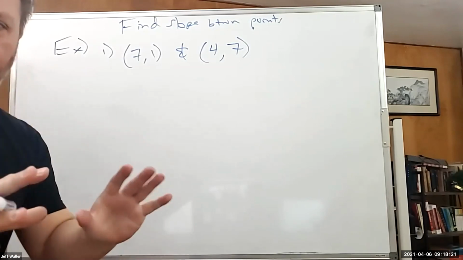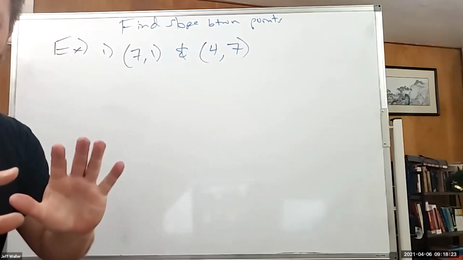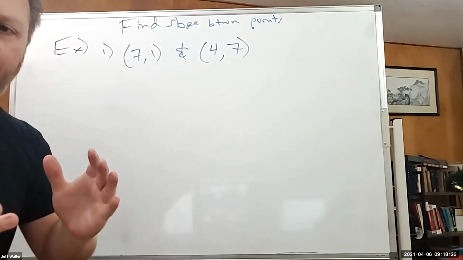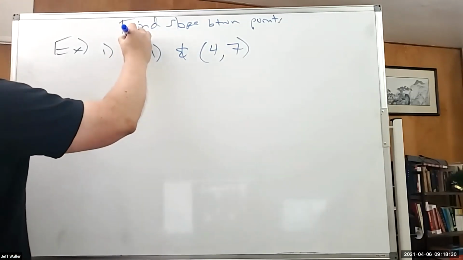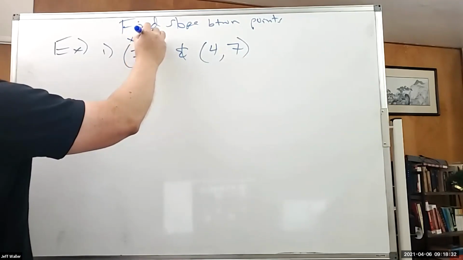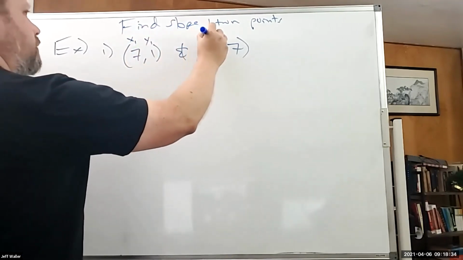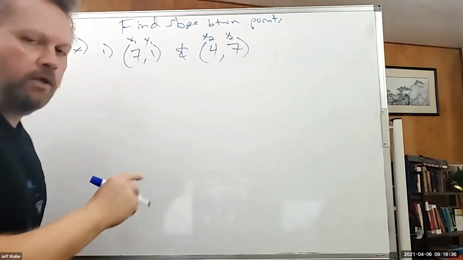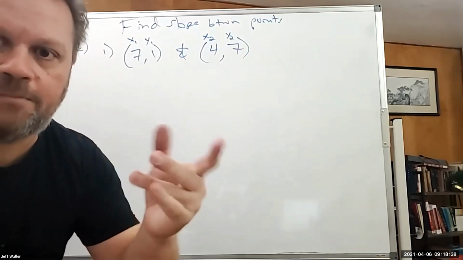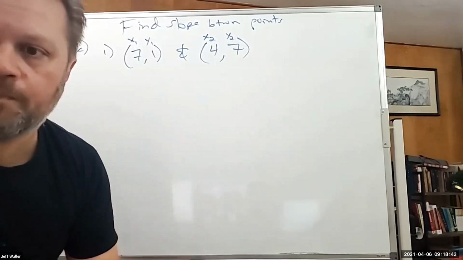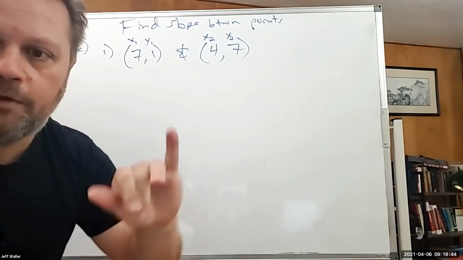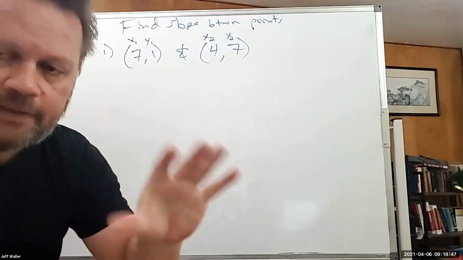So if you need to, pick a point and call it x1, y1, and the other point would be x2, y2. Now, like we just saw a minute ago, a very good question was, does it matter which one you consider to be the first point? No. It doesn't. If I switch them around, I get the same answer at the end.